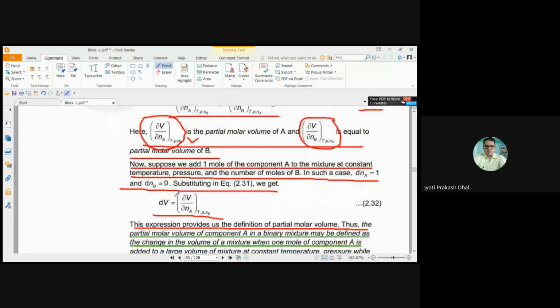Now suppose we add 1 mole of component A to the mixture at constant temperature and constant pressure without changing the number of moles of B. In that condition dN_A will equal 1. That means the change in number of moles of A will be 1, and the change in number of moles of B will be 0.